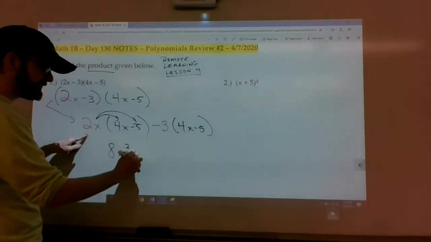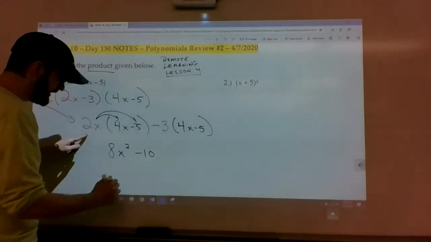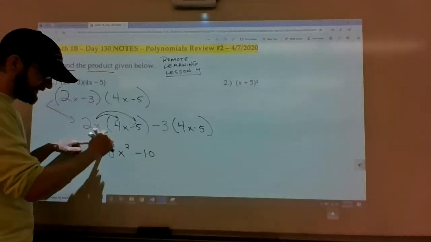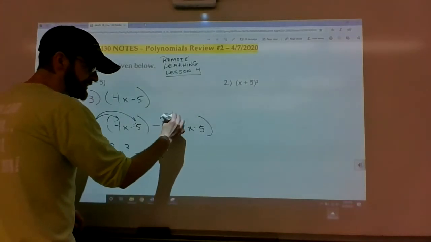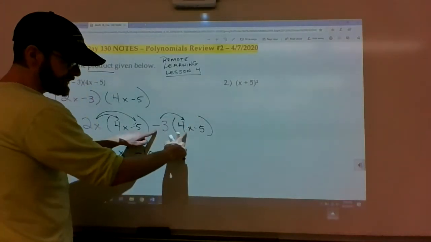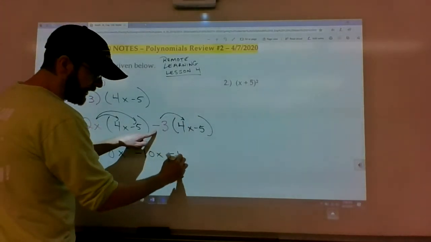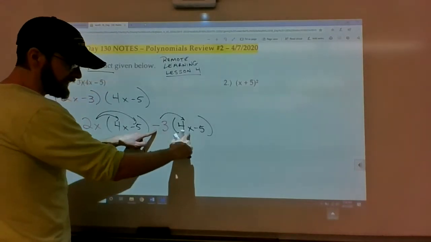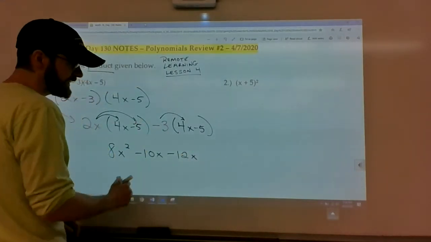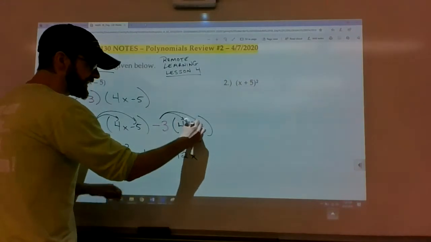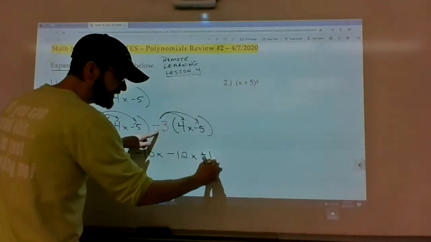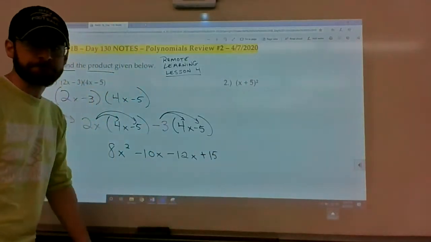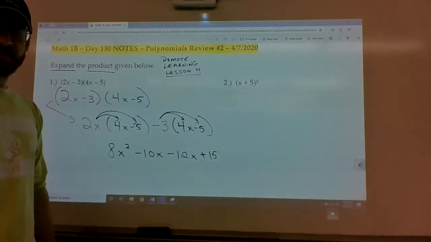The 2 times negative 5 is negative 10, and it's got to have the x at the tail end. Then you have negative 3 times 4x. That gives you negative 3 times 4 is negative 12. Again, an x needs to be at the tail end. And then negative 3 times negative 5. Two negatives multiplied give you a positive, and 15 would be the product there. Okay, you've expanded it successfully.